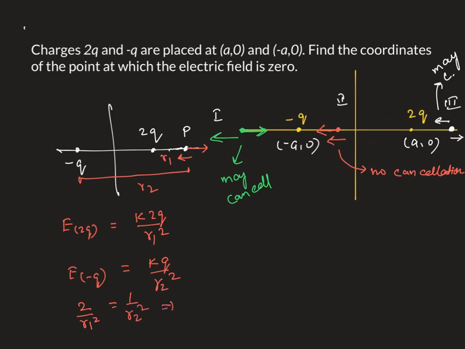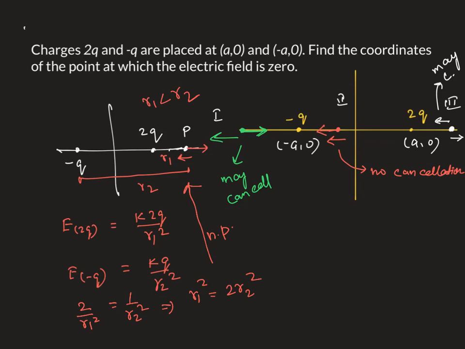And solving it, or just looking at it, you will have r1 squared is equal to 2 times r2 squared. Now see, this is the problem here. This is not possible. Why? Because you can see r1 is less than r2. So the square of r1 being 2 times the square of r2 is a possibility that we are not going to accept.